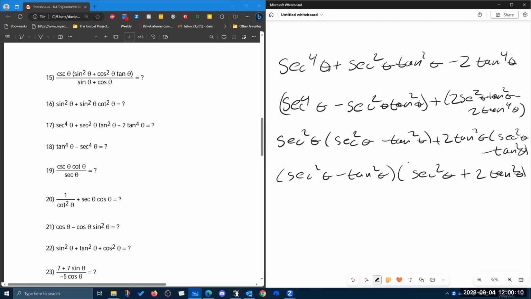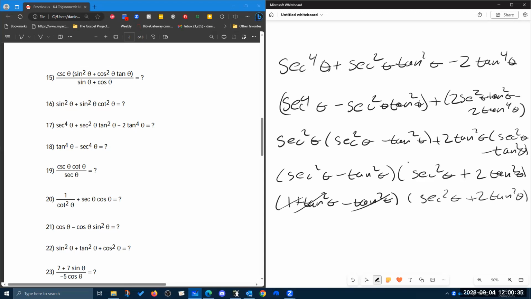So secant squared is 1 plus tan squared, minus tan squared. So that's just a 1. I don't need to worry about that one. And then secant squared theta plus 2 tan squared theta.